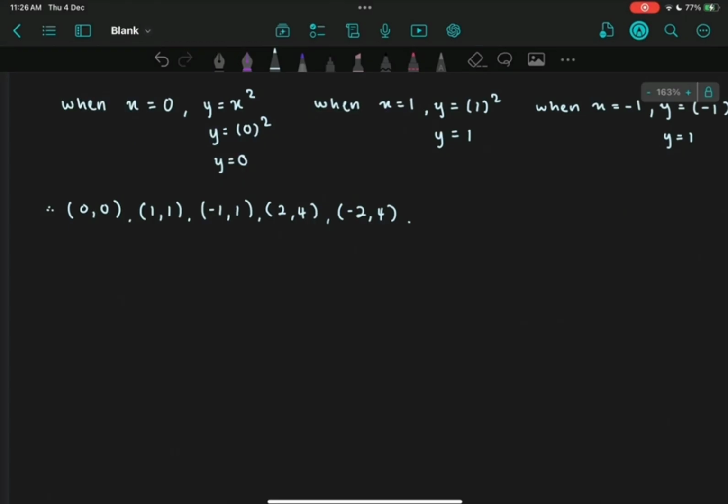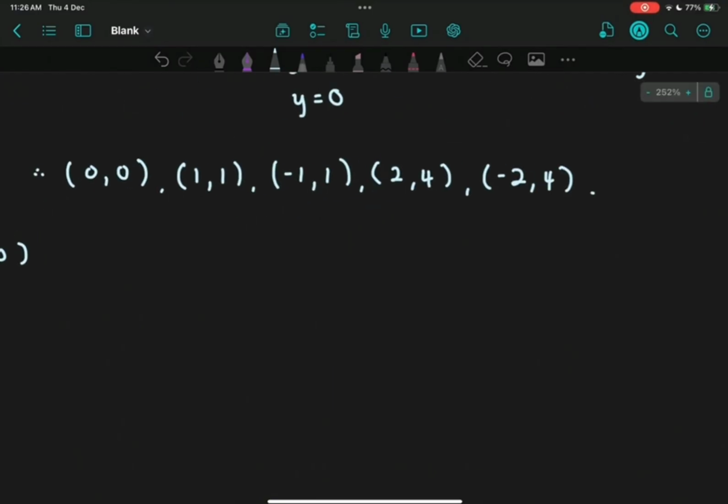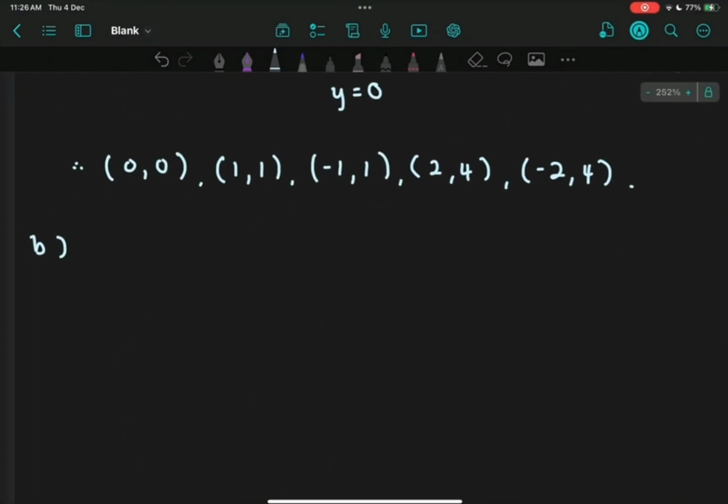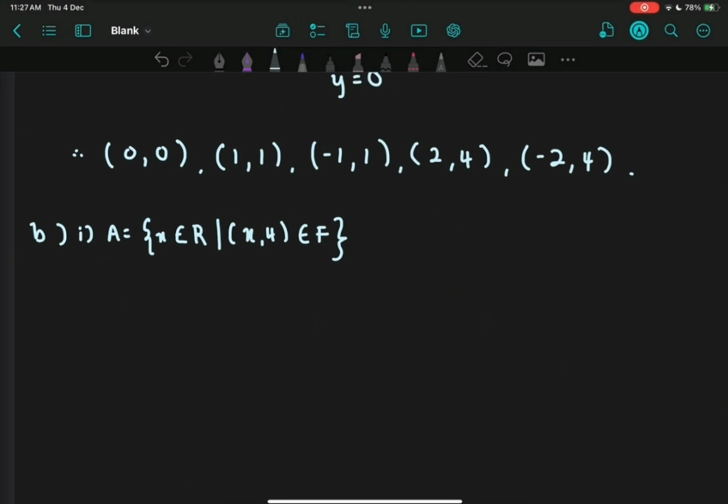Okay, so now moving on to part B. For set A, we want all the values of x such that the ordered pair (x, 4) is in the relation. So we use the rule y equals x squared, and we set x squared equals 4 because, as we know, y equals 4.